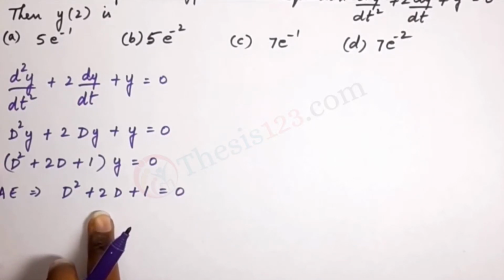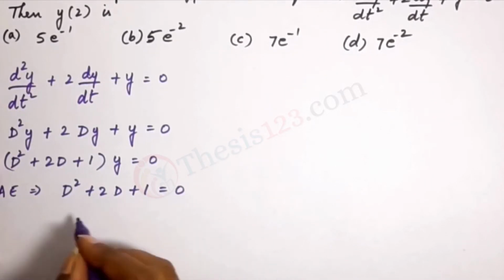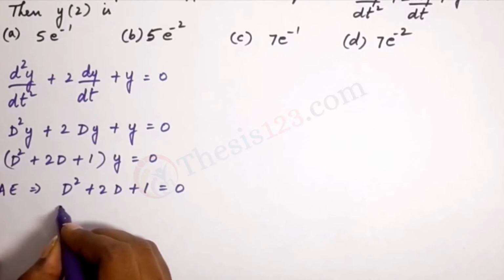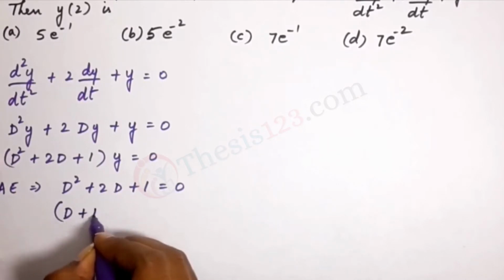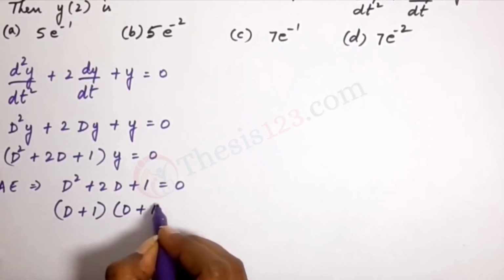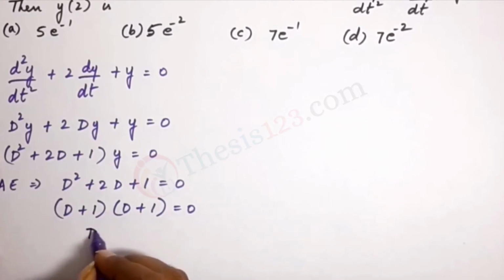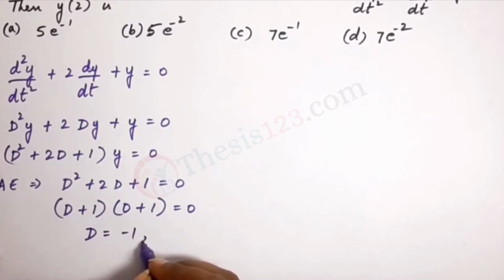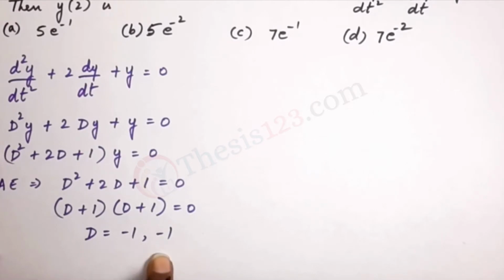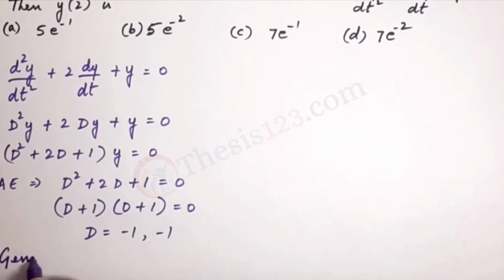This is a quadratic equation which can be written as a product of factors, D plus 1 into D plus 1, which further gives us the values D equals minus 1 and minus 1. Now the roots are the same and the roots are real.